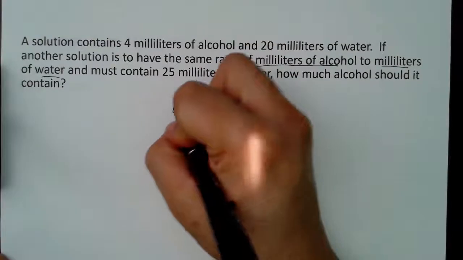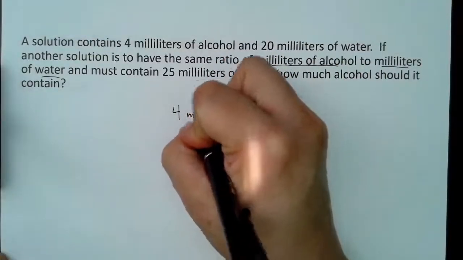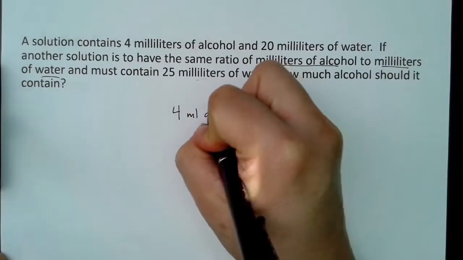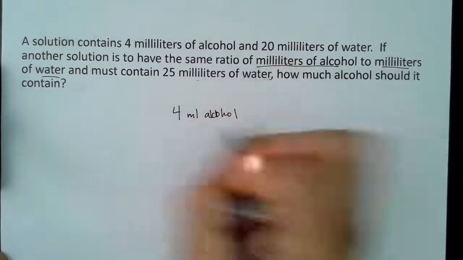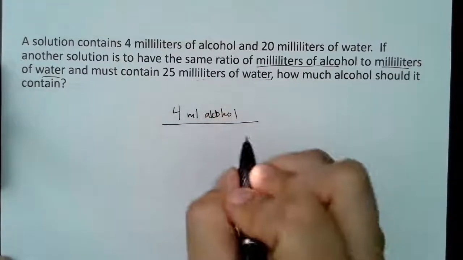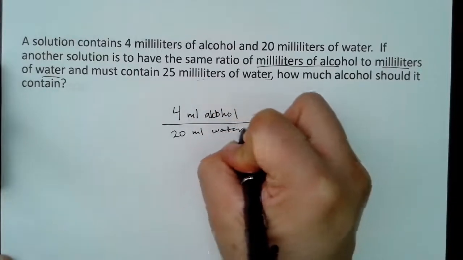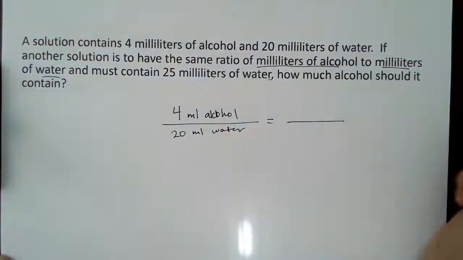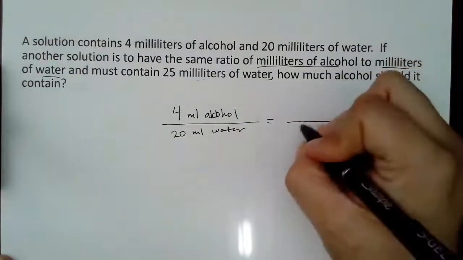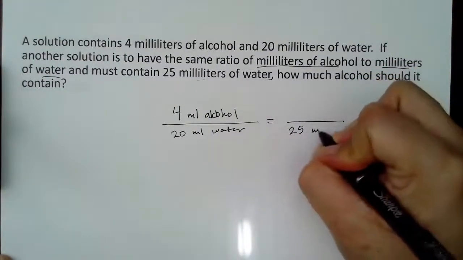So first of all, they're giving us 4 milliliters alcohol to 20 mils of water, and we have the same ratio, alcohol to water, and they have to have 25 mils of water.